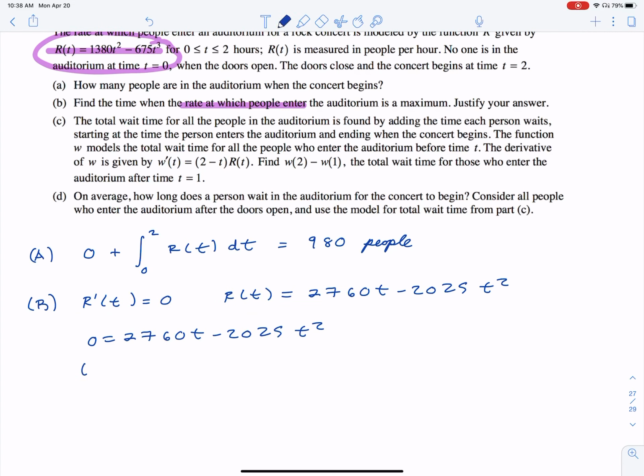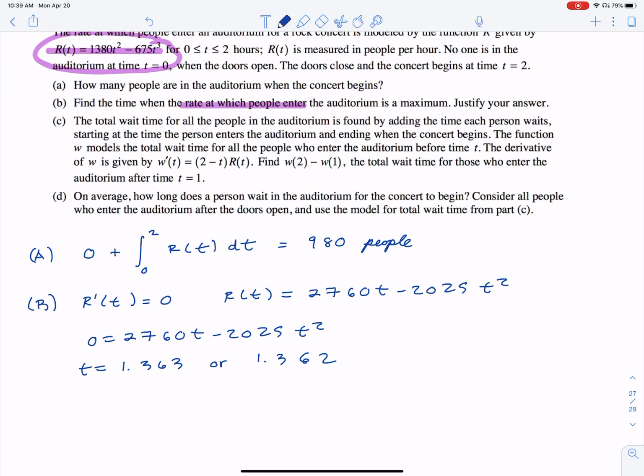So what I got was t equals either 1.363 or 1.362, depending on whether you truncated or rounded. So that's our critical value. But of course, we need to determine whether that is a minimum or a maximum.